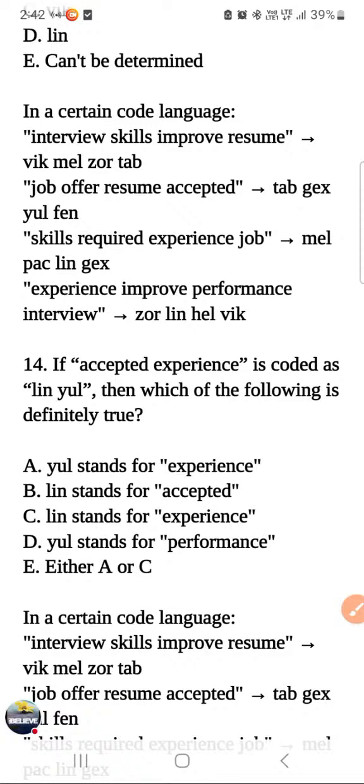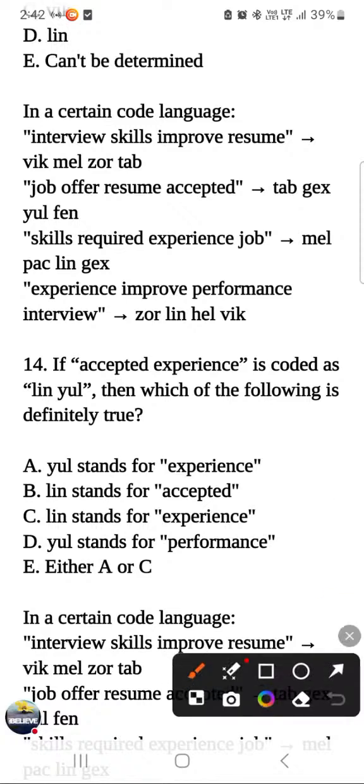Now, if accepted experience is coded as LIN, then which of the following is definitely true? Okay, LIN, which is experience. Experience is for LIN. So YUL has to be accepted, right?